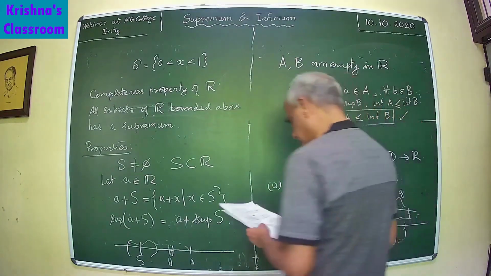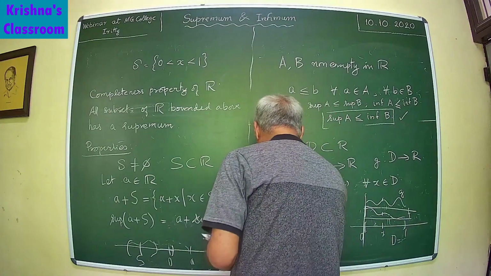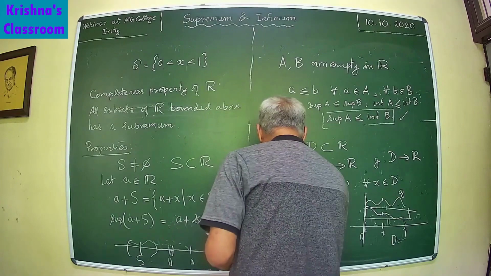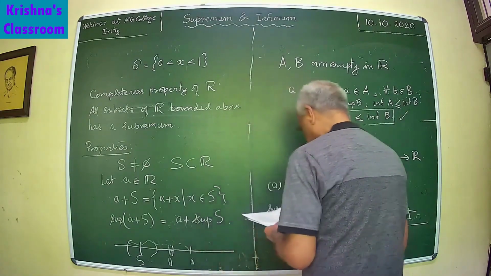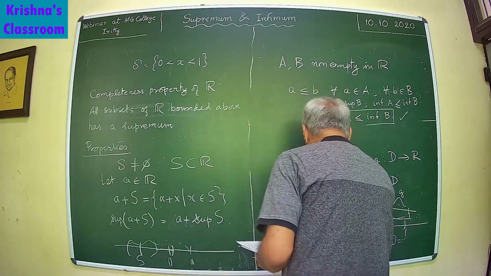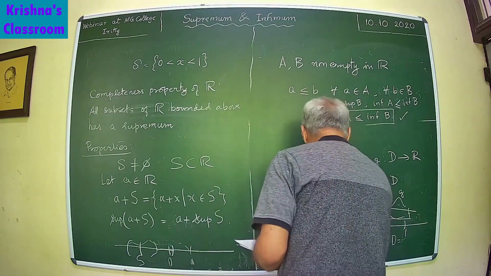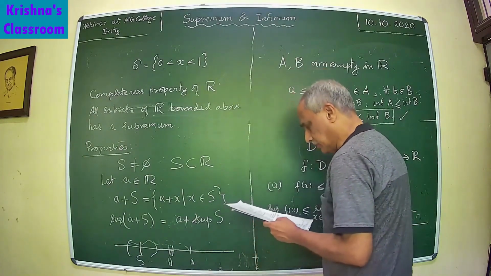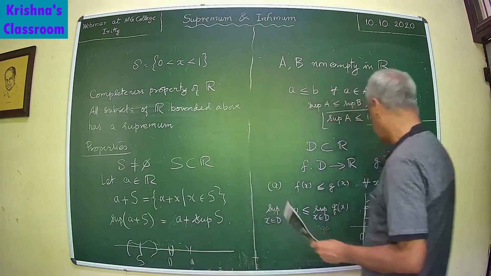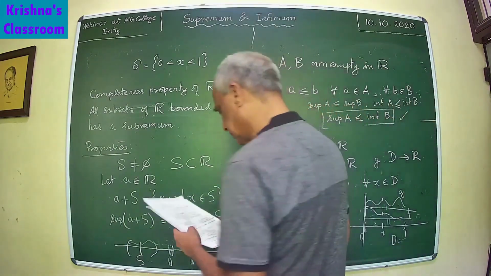And what one can prove is that supremum over x belonging to D of Fx is less than or equal to supremum of Gx, x belonging to D. Similarly, you can prove for infimum also with inequality possibilities.